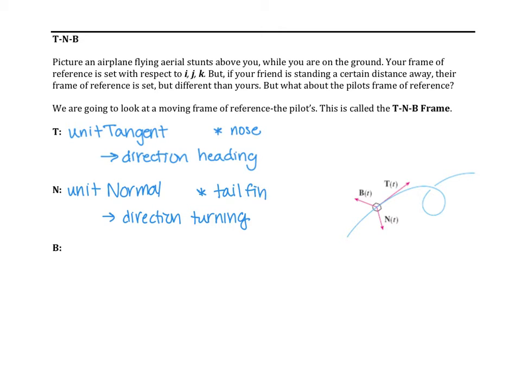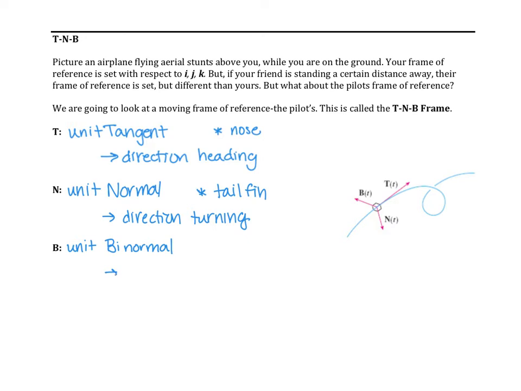And then finally, we have the unit binormal. If we look at that word binormal, we see that the prefix bi means two. So it's perpendicular or normal to two different vectors. It's perpendicular to both the T and the N vector.